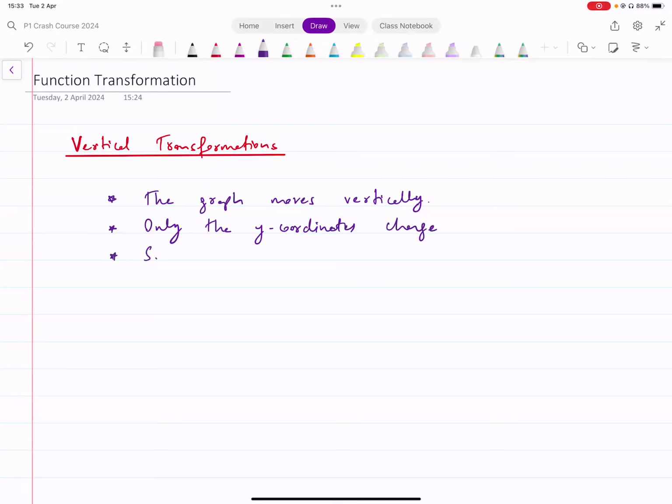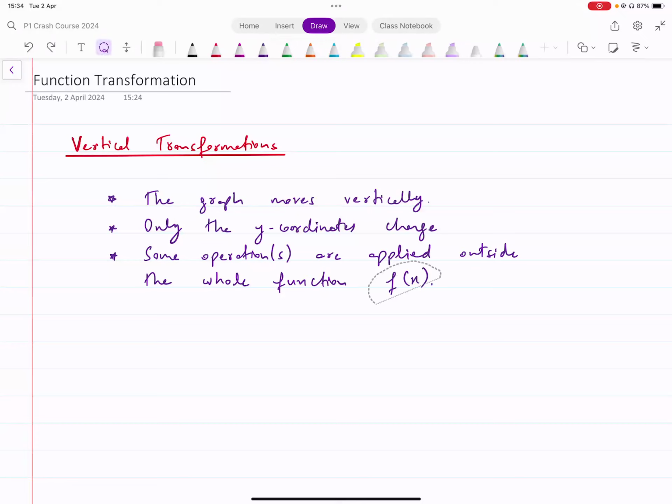And some operations are applied outside the whole function. Now, let me show you what that means. So if we have a function f of x, whatever we are doing is outside f of x.